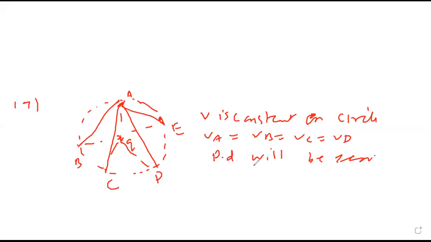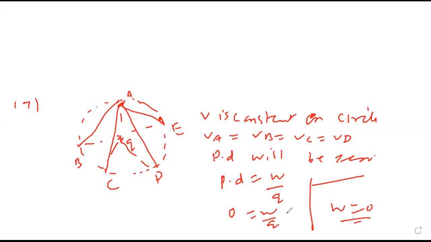Correct? Potential difference is work done to move the charge, so zero is the work done upon the charge. Work done will be zero for all paths. So it will be zero along path AB, AC, AD, AE, all. Option C: zero along all the paths.